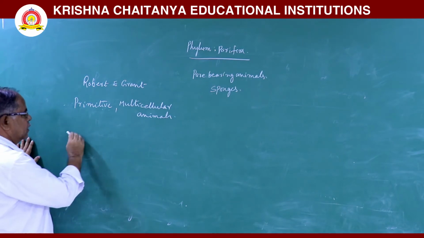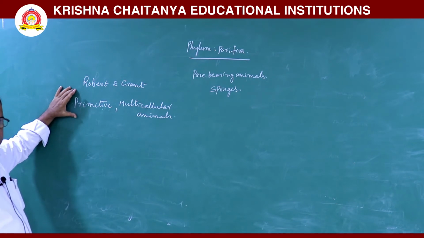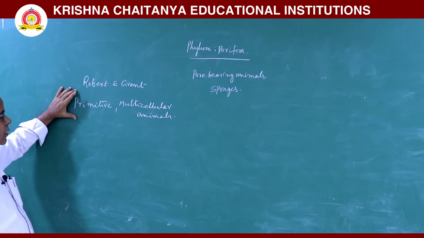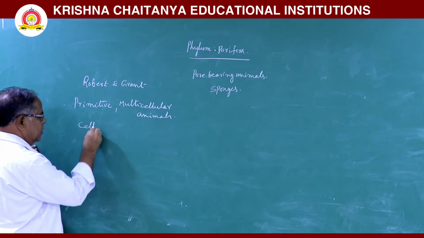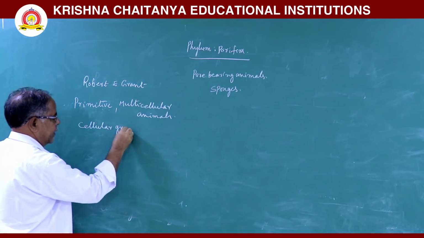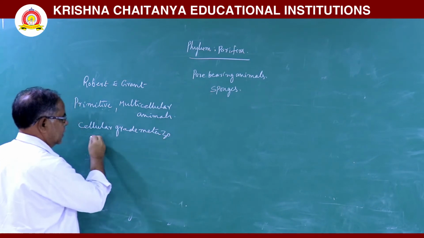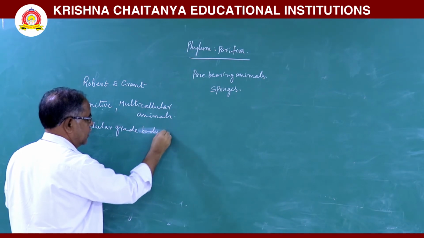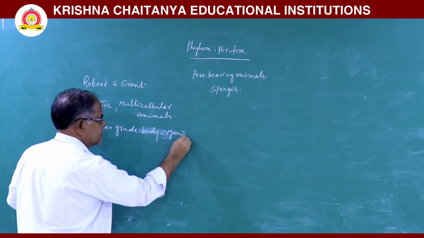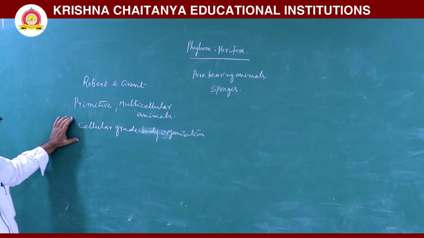Next, in these animals, cellular grade body organization is there. Here the body is made up of different types of cells.